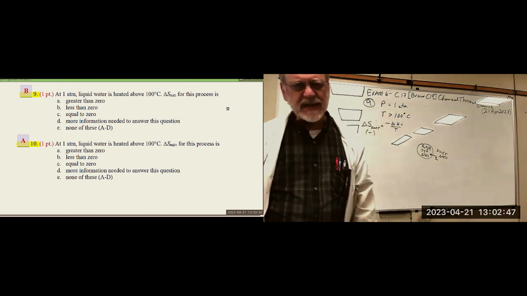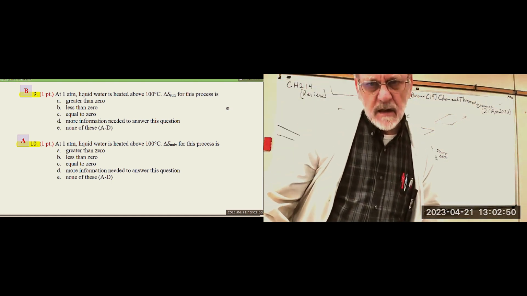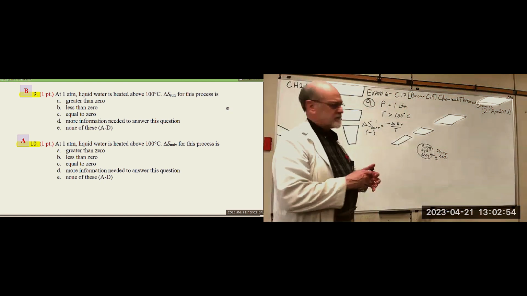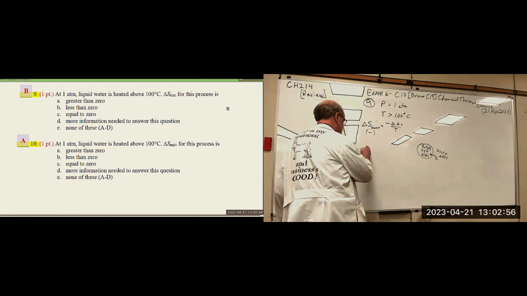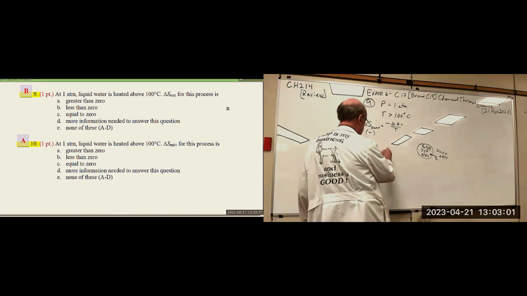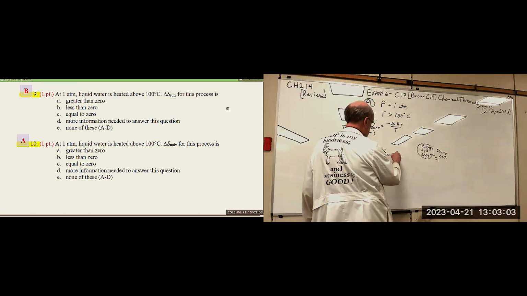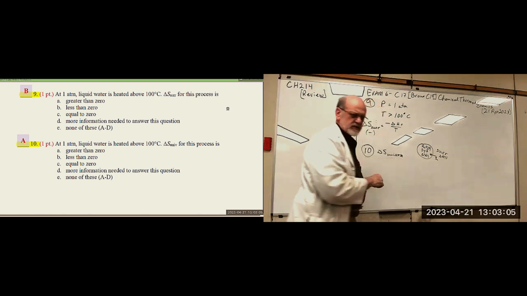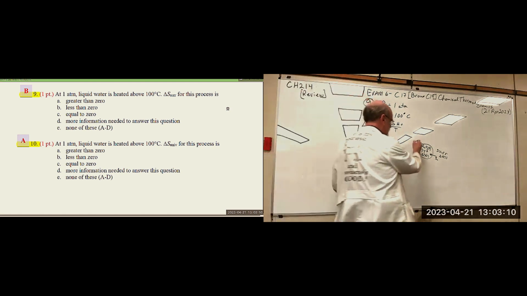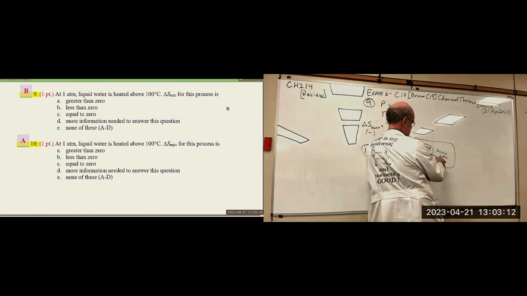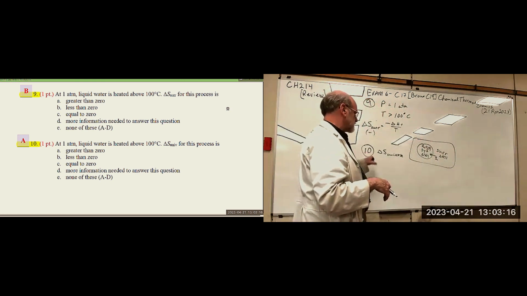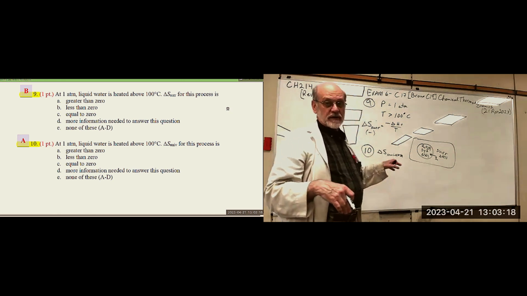Let's see. How about 10? Oh, okay. So the question for 10 looks at the delta S for the universe. Now, I'm not sure if they're using the universe in terms of our isolated system and surroundings, or if they're actually talking about the universe.